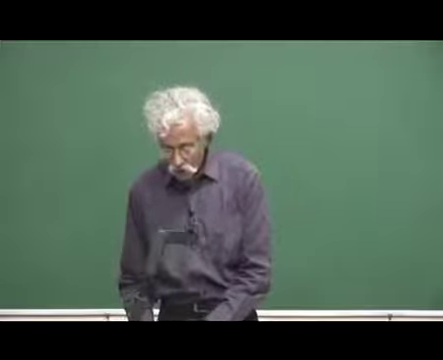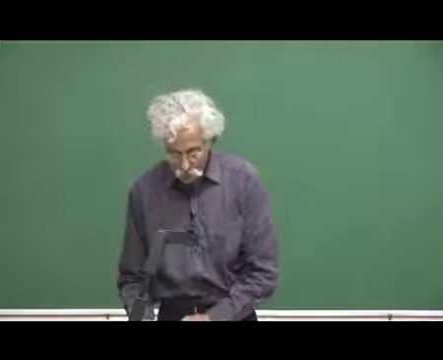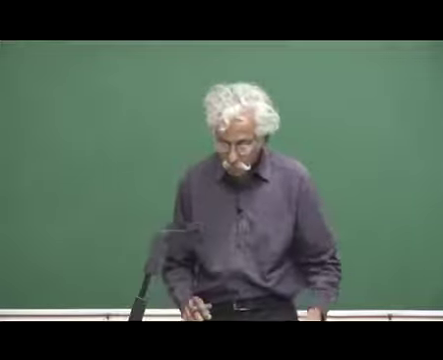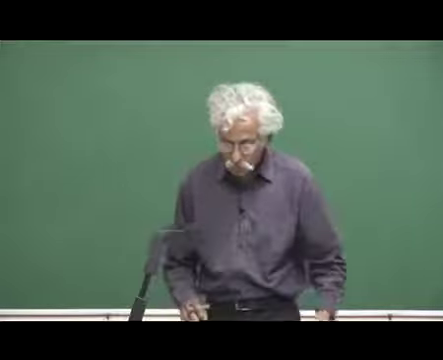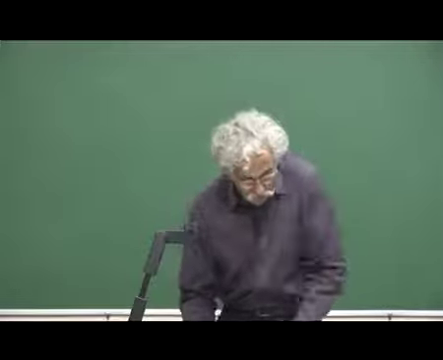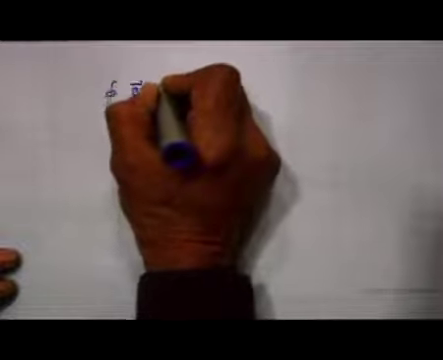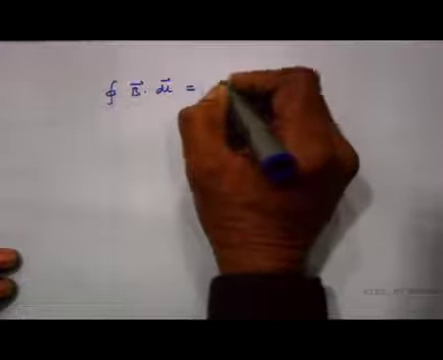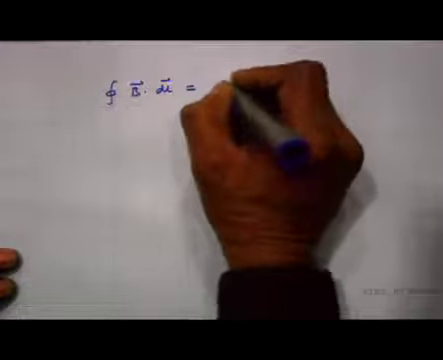Now, what is very significant is the fact that this term is a very important term in the following sense. Suppose I have a situation where there is no conduction current, then according to Maxwell's equation, integral B dot dl, because of the modification, I have mu naught epsilon naught d phi E by dt.